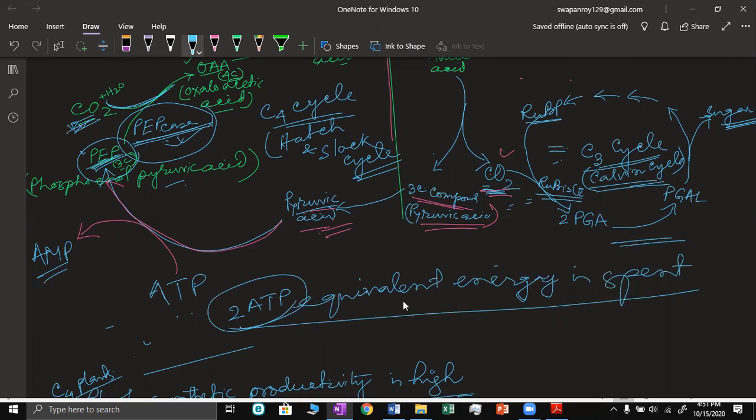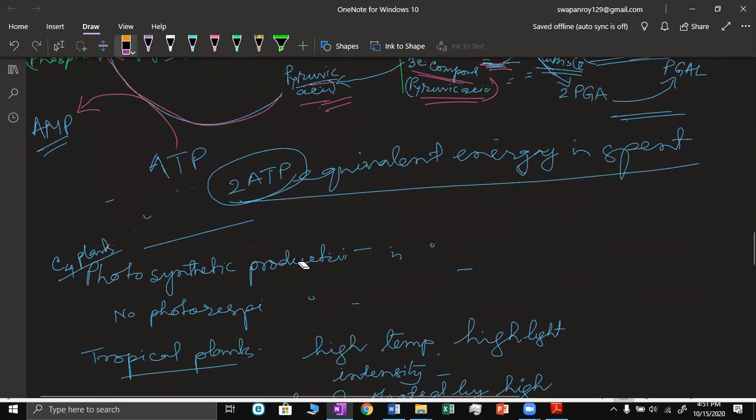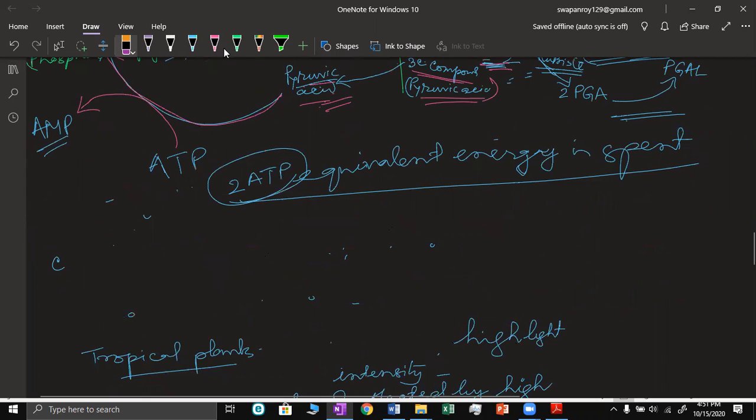So the total expenditure has now increased. In the C3 plant, for every carbon dioxide molecule there was 3 ATP and 2 NADPH.